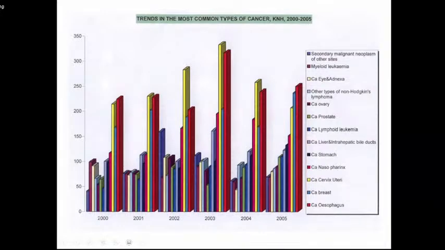Brilliant yellow is cervix, and you can see over this 5-year period, 2000 to 2005, cancer of the cervix was consistently up there. Just some years, like 2005, it came second to breast, which is the light blue, and the red was esophagus.